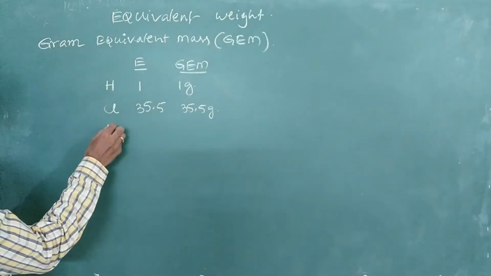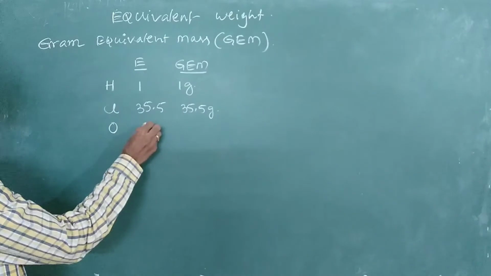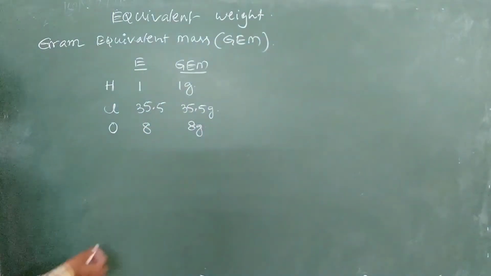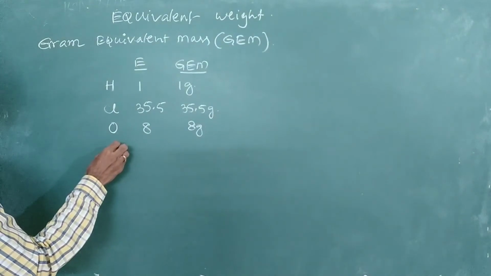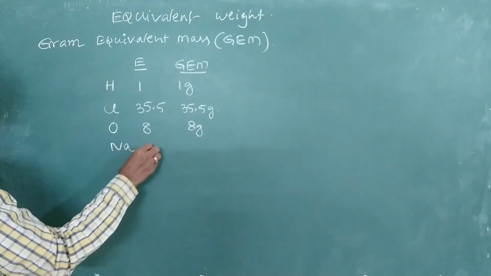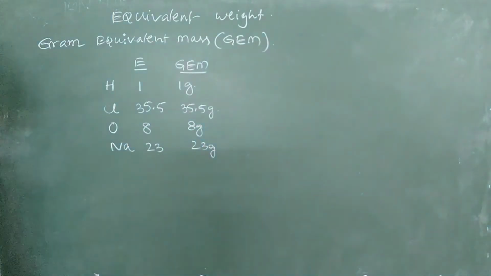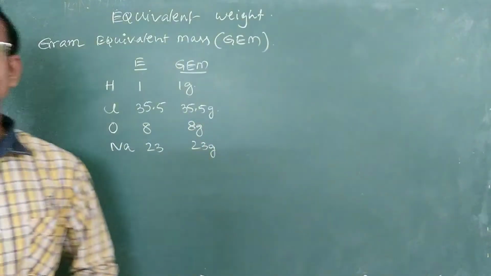Similarly, for oxygen it is 8 and the gram equivalent mass is 8 gram. And for sodium, the equivalent mass is 23 and the gram equivalent mass is 23 gram. So now how do you define gram equivalent mass?